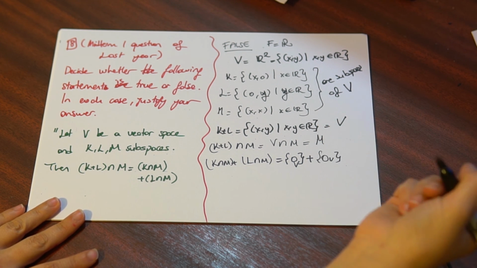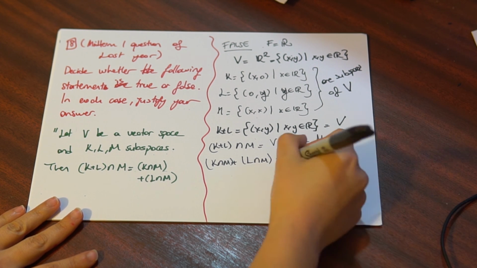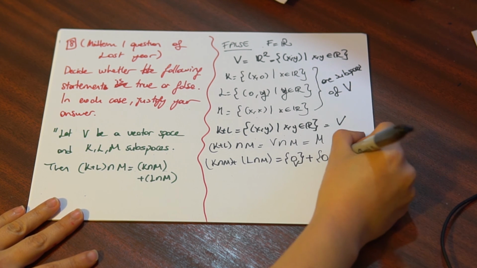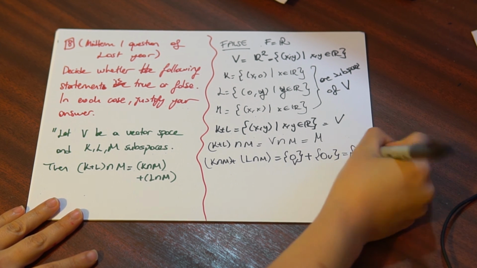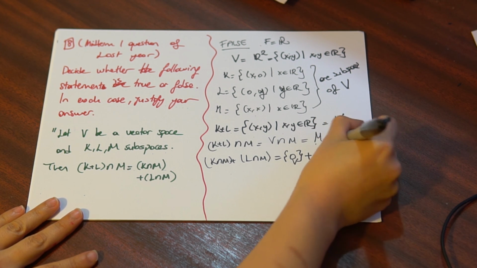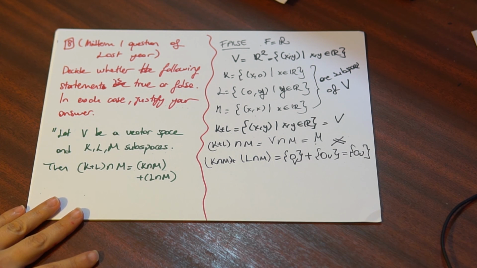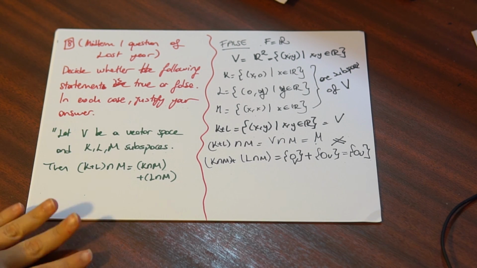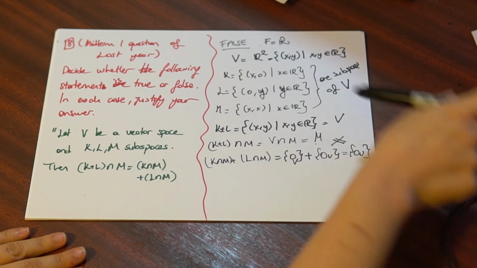This gives us only the 0 vector. So 0 vector plus 0 vector is 0. But M is not equal to the 0 vector, so they are not equal. This shows that the statement is false.